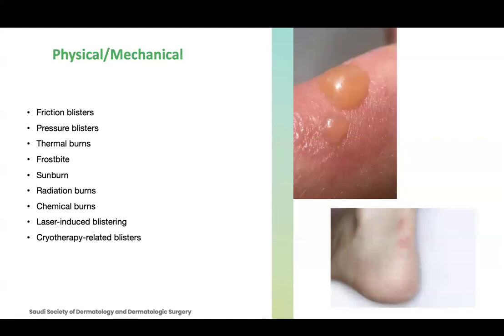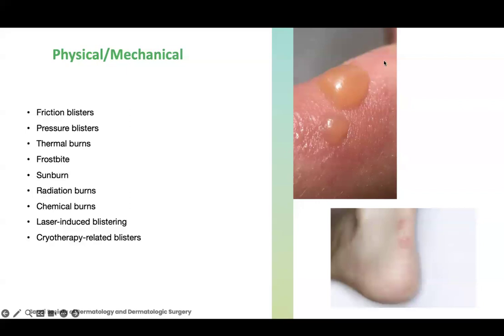And the last one is the physical and mechanical blistering, like friction blister. You can see it here over the Achilles tendon area, the back of the foot. There is a blister from friction from an ill-fitting shoe, and there are also pressure blisters and thermal burns, frostbite, sunburn.